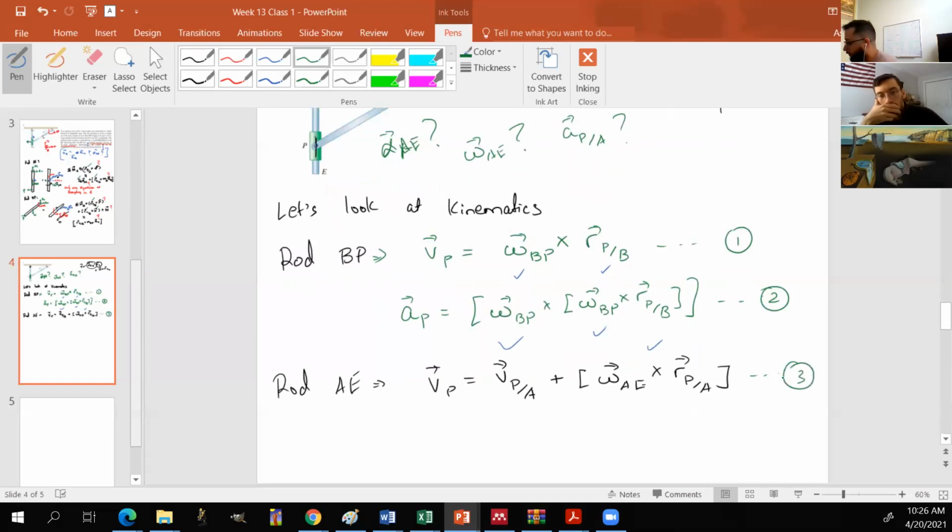So this is equation number 3. Guys, this is tedious, but it's simple.